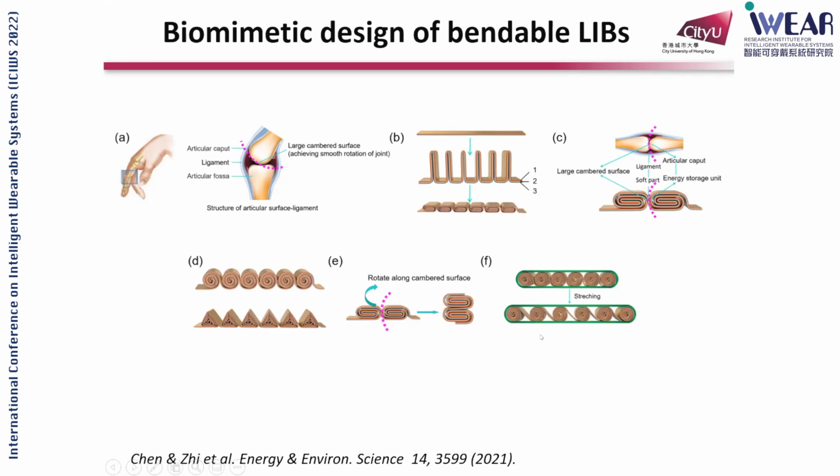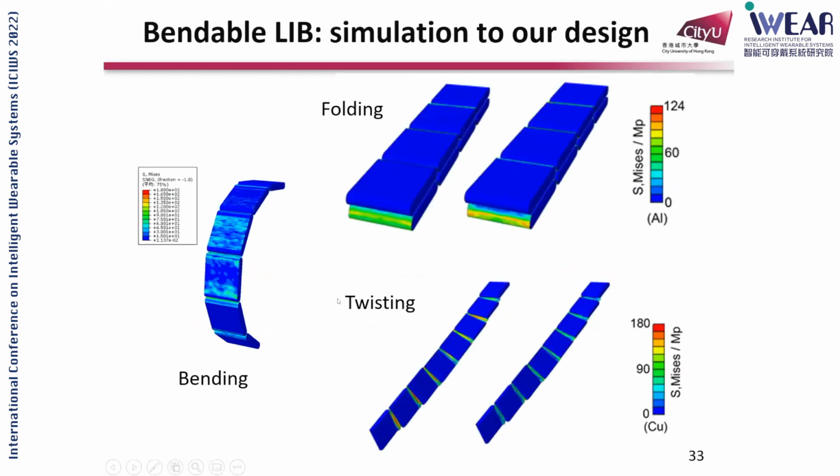For example, they have different deformability. This one can be stretchable, sort of, so it can give you another deformability. We do simulation for the stress distribution. You do have some different stress distribution here, but even if you fold it, you don't have a malfunction part.